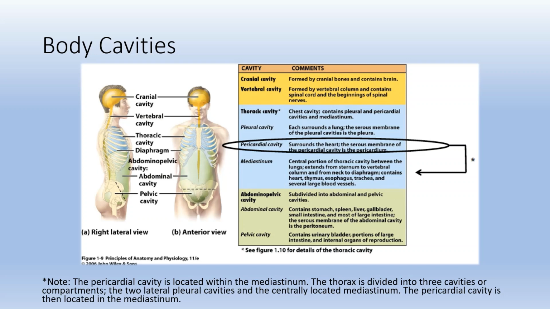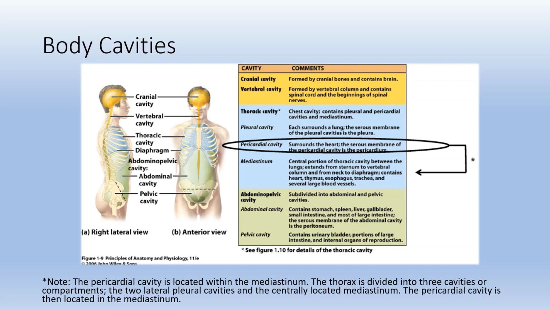The thoracic cavity includes the left and right pleural cavities, which surround the lungs, and it also includes the mediastinum, which is a central passageway which allows for structures like the esophagus to simply move through the chest and enter the abdomen. Within the mediastinum, we find the pericardial cavity, which surrounds the heart.